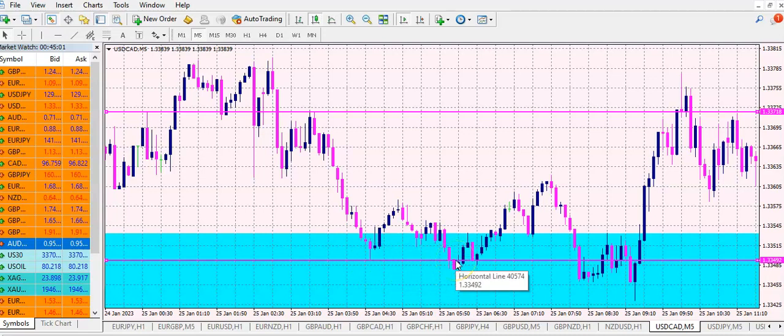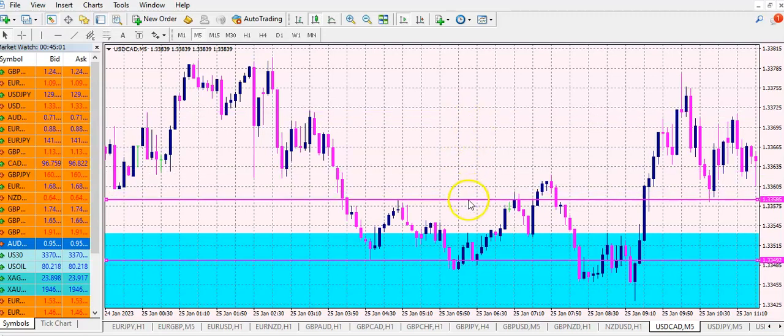So where is the high that produced the move that broke the support? It's actually going to be here, right? So basically it's going to be there. Then we're going to shift our focus to the downside. Now another thing you need to pay attention to is, look at this move here.